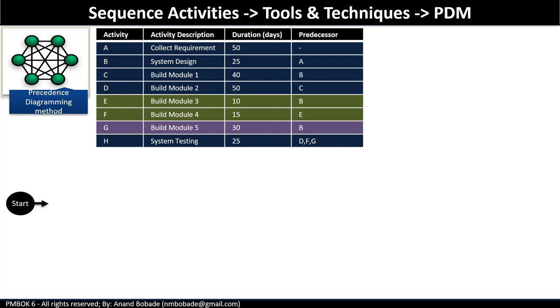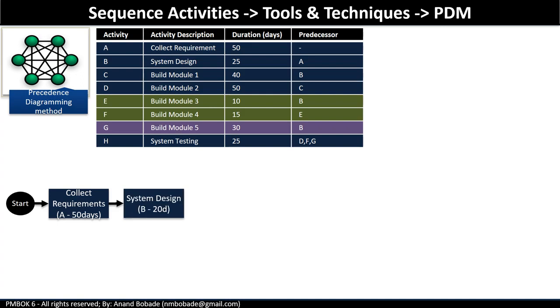We begin with the start activity. Next, you find an activity without any predecessor, so it becomes the first activity after start. So activity A, collect requirement, becomes our first activity. Activity B, that is system design, has a predecessor A. Hence, next activity is activity B, that is system design.